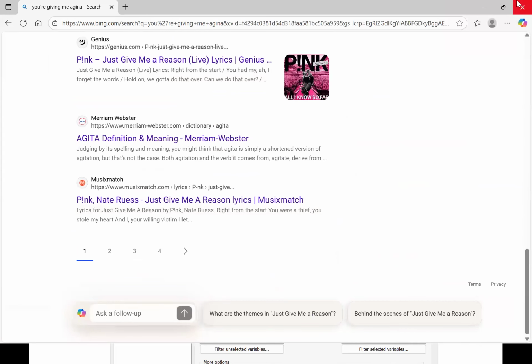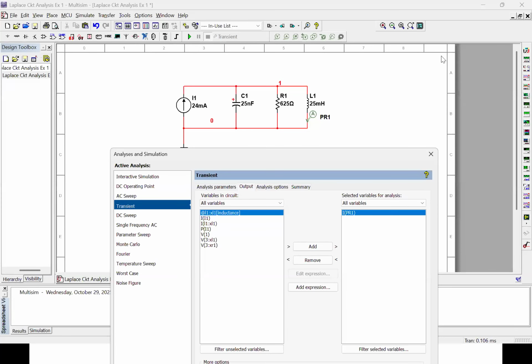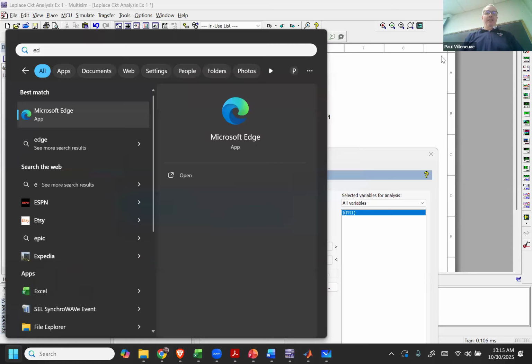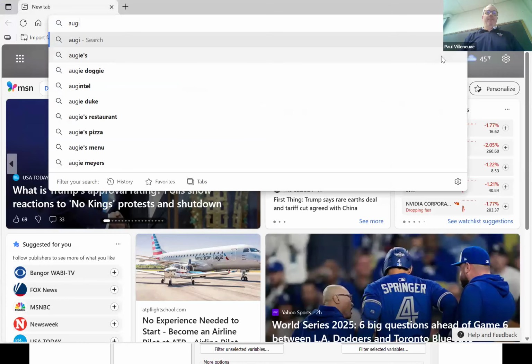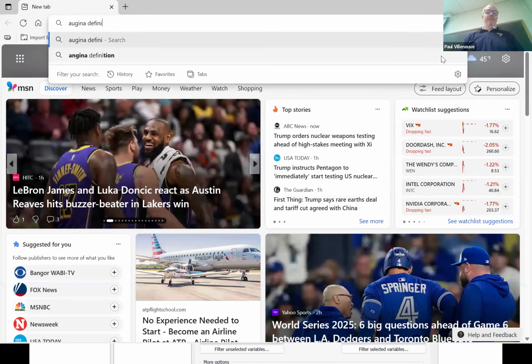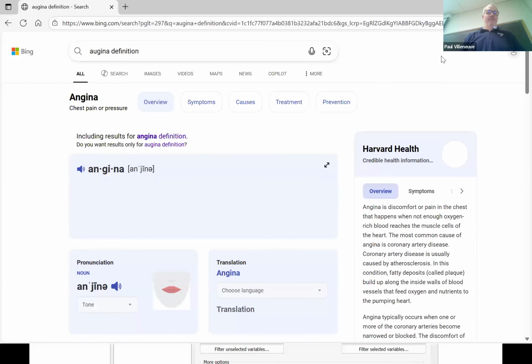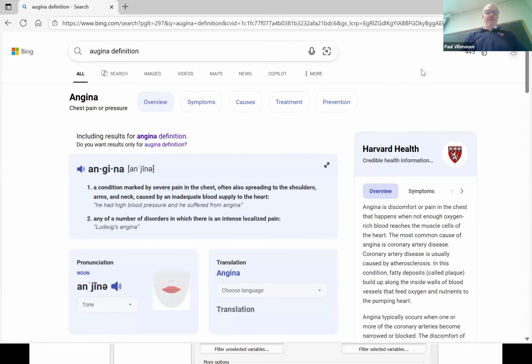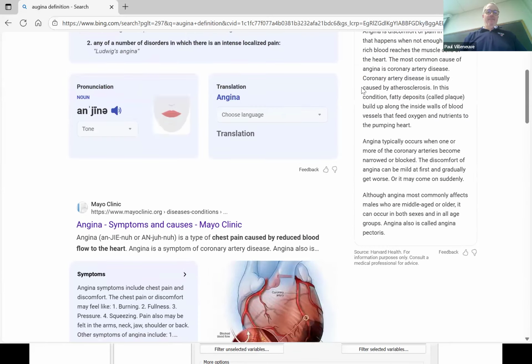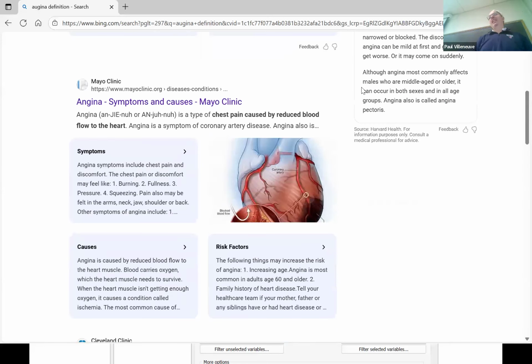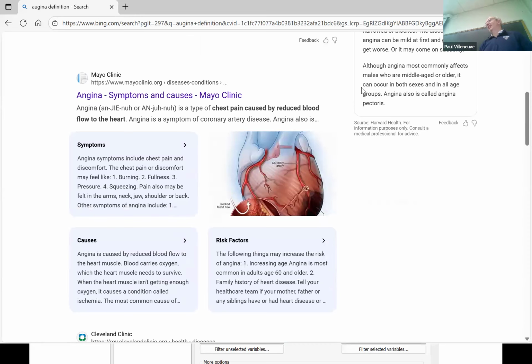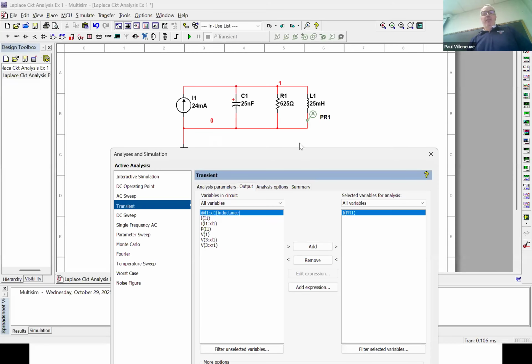Maybe it's spelled different? Maybe it should be angina, but they just said it funny to sound like agina. I don't know, maybe that's where it came from. So I'm glad it's not a derogatory term.